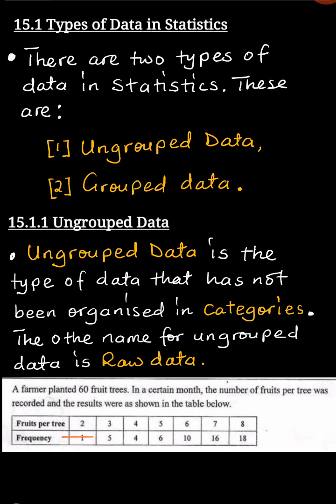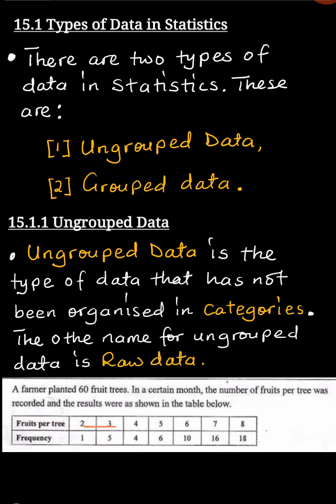The data is always on the top part of the table, and then the bottom part of the table will always contain the frequency of that data. So the top row will contain the data itself, and then the bottom row will contain the frequency of that data.